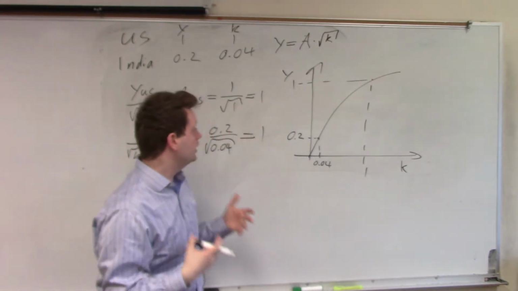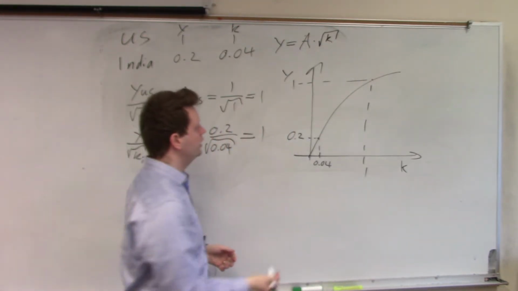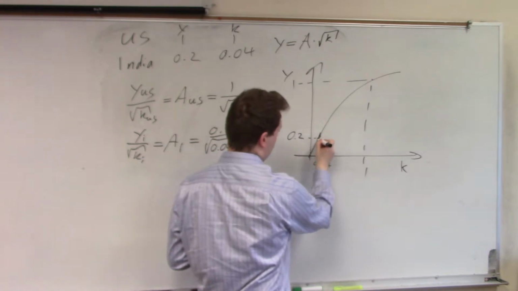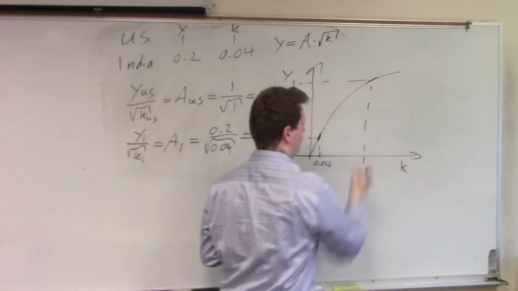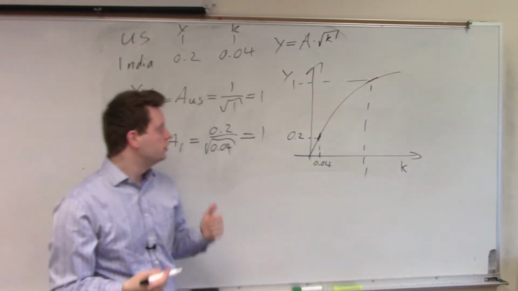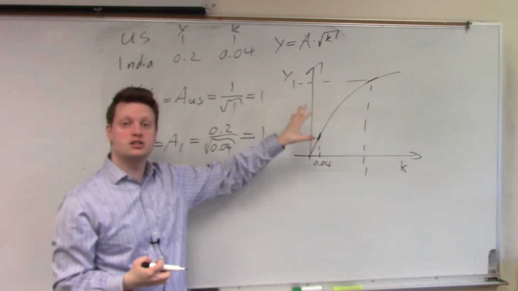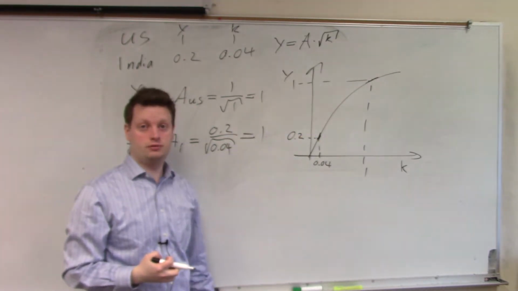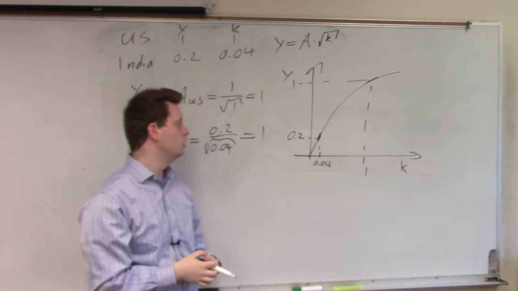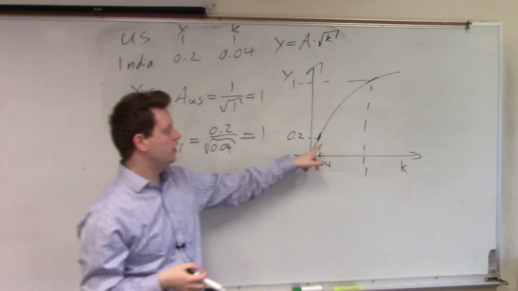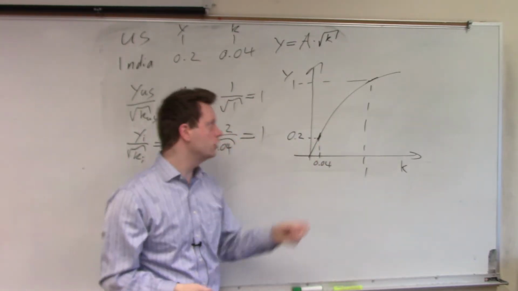Now, if we look at this graph, we find that the slope here is much steeper than up here. The slope gives us the return on investment, or the return on capital. This means that in India we have a much higher return than in the US.